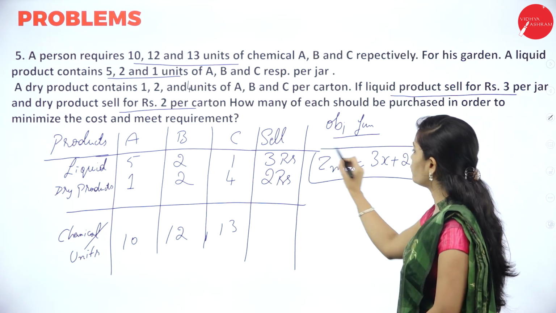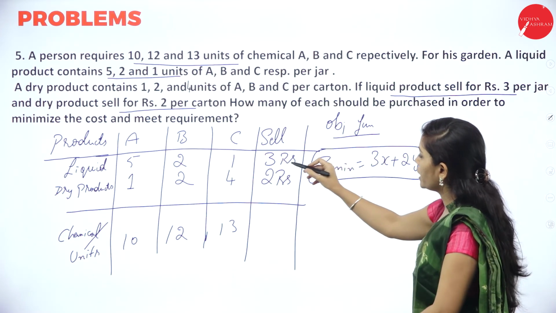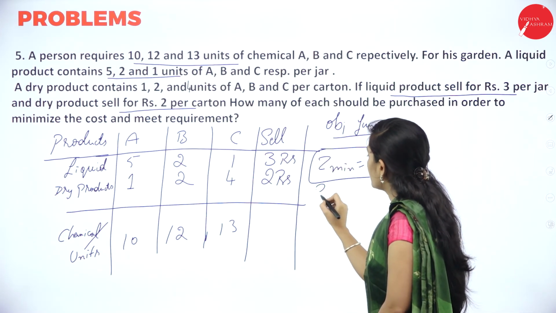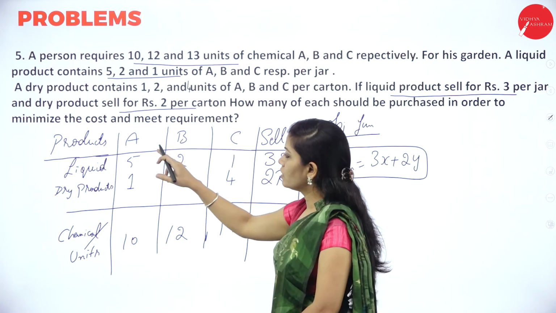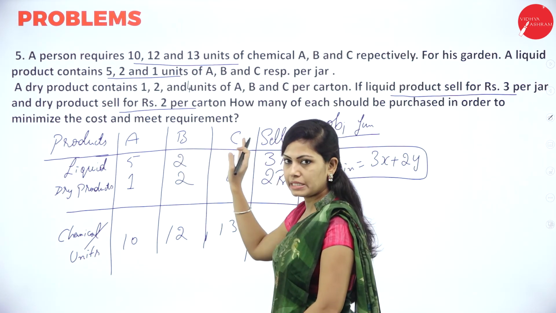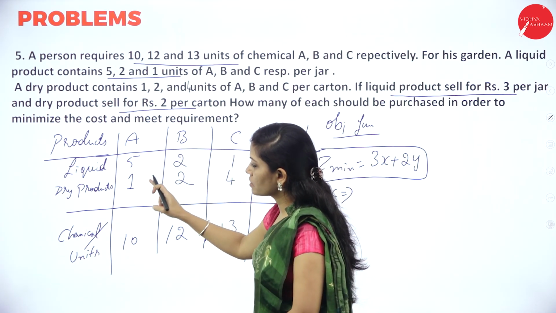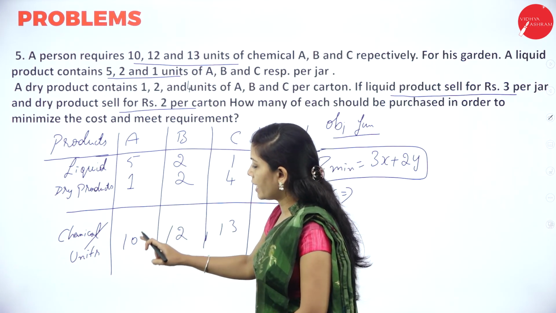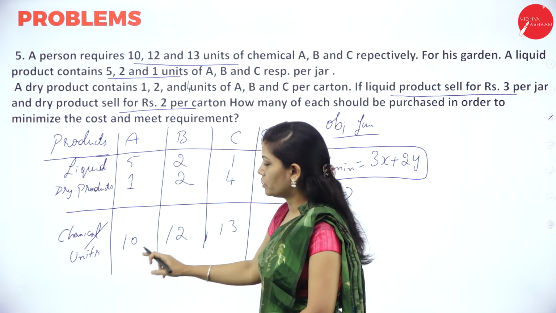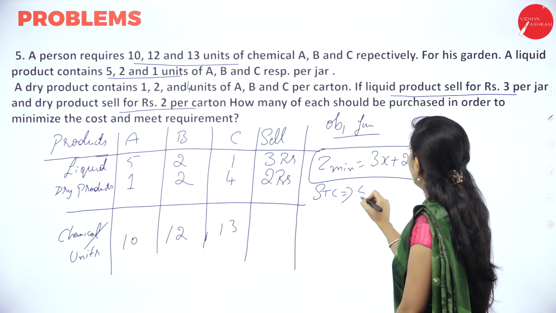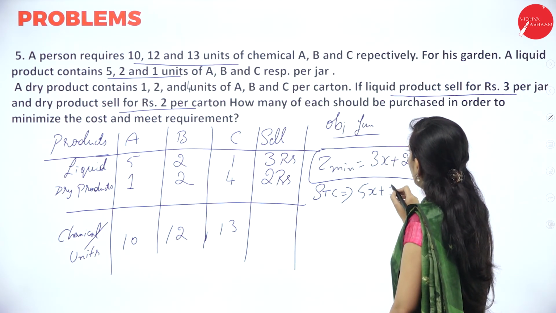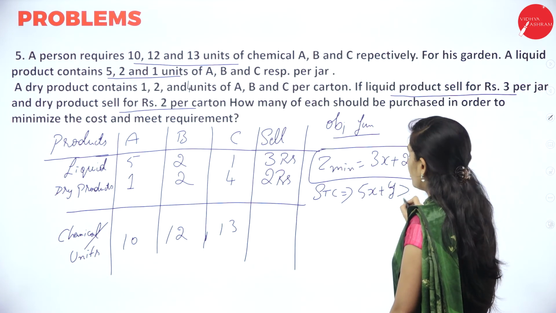This is my objective function: Zmin is equal to 3x plus 2y, and subject to constraints. For the 3 chemicals A, B, C, liquid 5, dry 1, and the chemical requirement is 10 units. So 5x plus y greater than or equal to 10.